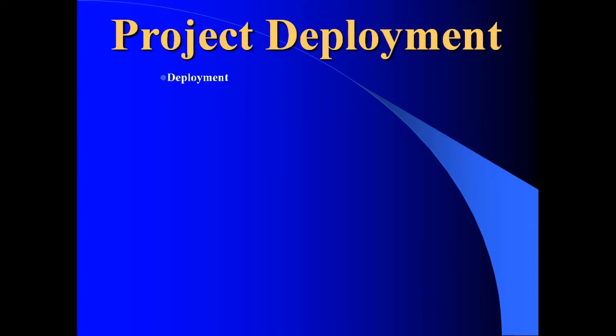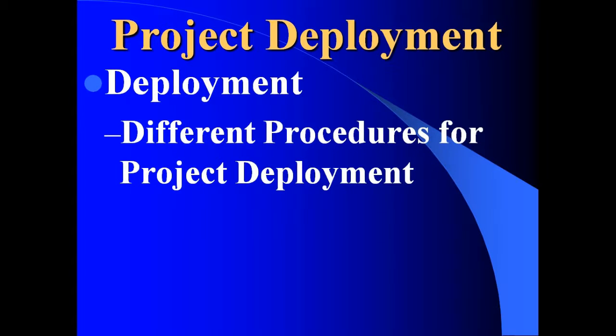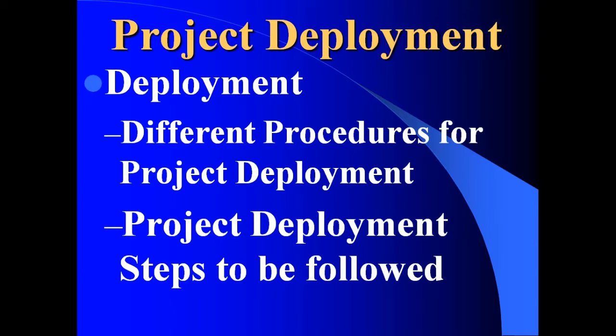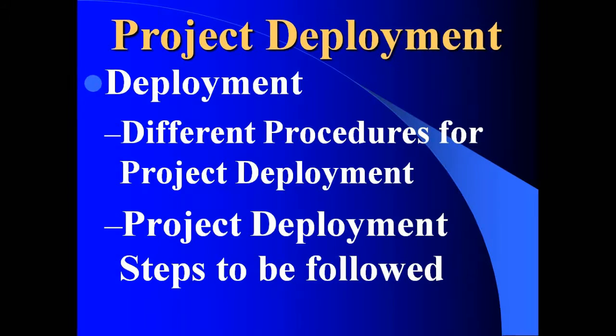The second one is project deployment. In project deployment, there may be different procedures, that is, deployment steps to be followed. If you are developing a web-based project using the .NET languages, the project has to be published using Visual Studio.